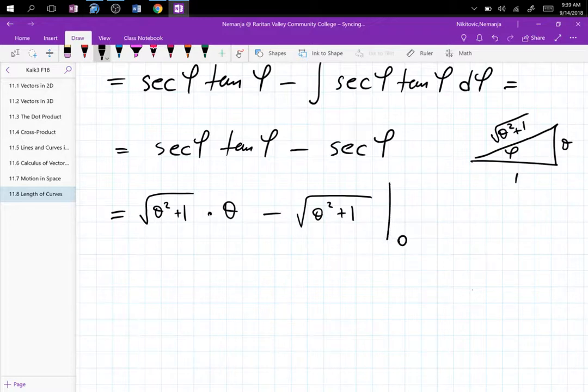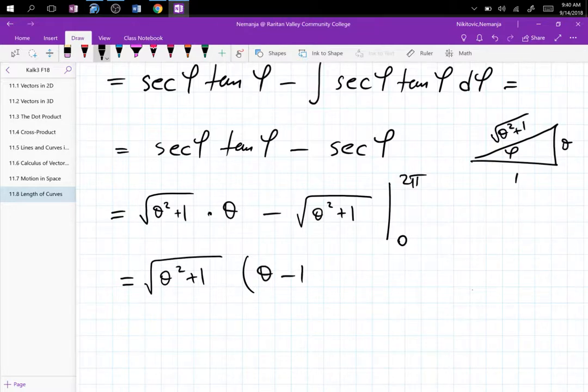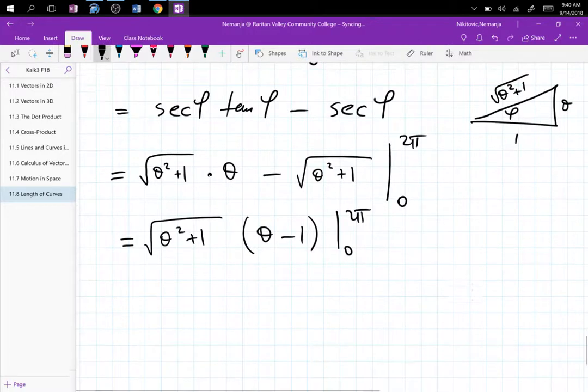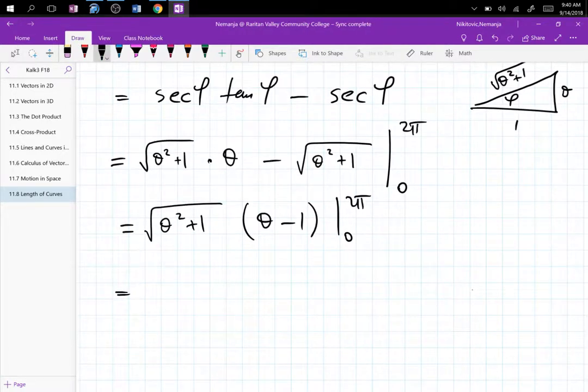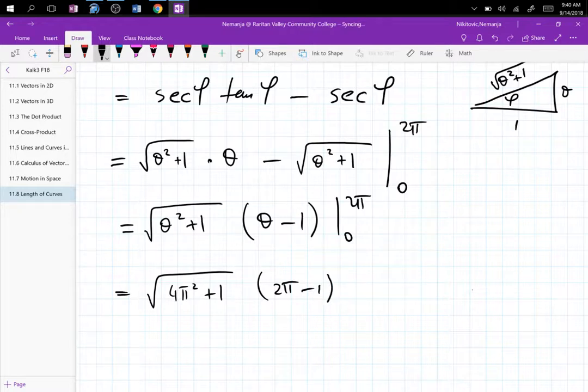And we are computing from 0 to 2 pi. To quickly compute this, I have the square root of theta squared plus 1 as a common factor multiplied by theta minus 1, from 0 to 2 pi. So, the square root of 4 pi squared plus 1 times 2 pi minus 1. That's when I plug in 2 pi.